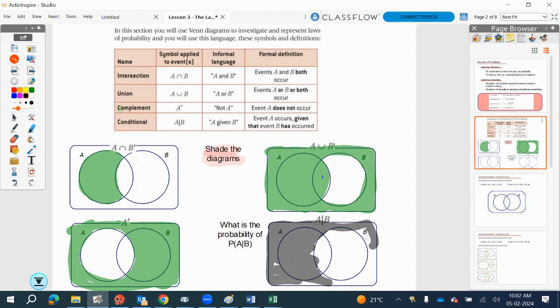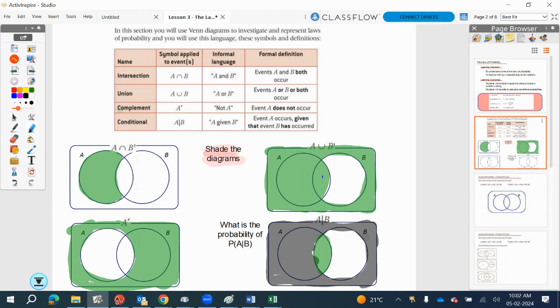So we're told with A given B, that means we're told B has occurred. What then is the probability of A occurring? So the probability of A occurring given B means this bit here. So we need to find the probability of this divided by this. So with conditional probability, I grey out.